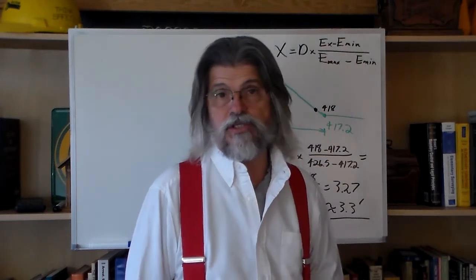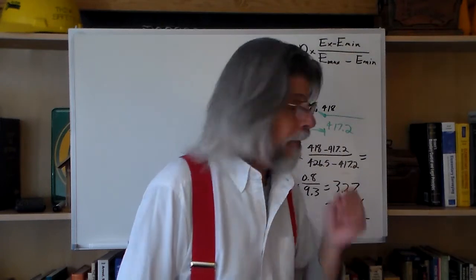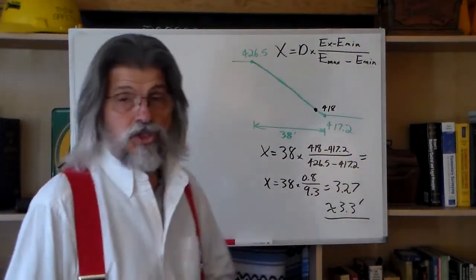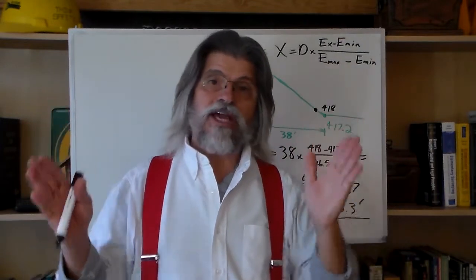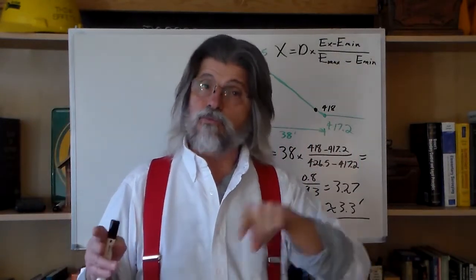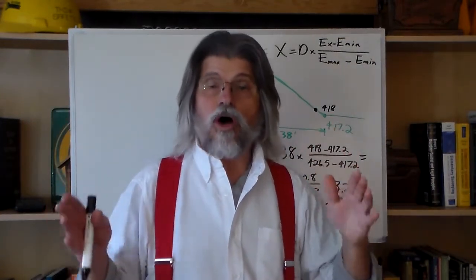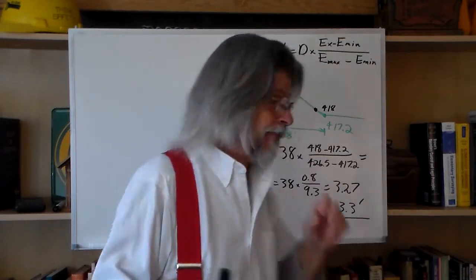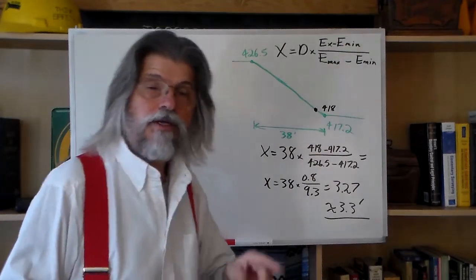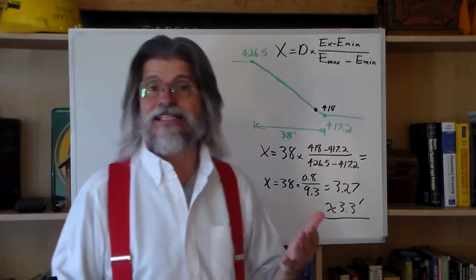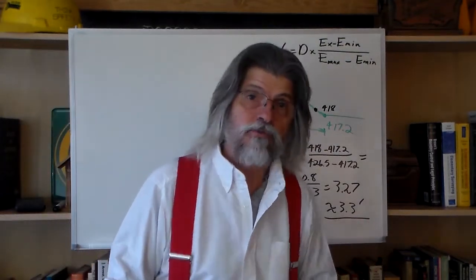If it were not a straight slope, you'd have more points in there. Assuming it's a straight slope, the horizontal distance between every 1 foot vertical interval will always be the same. If you go over a certain distance and go up 1 foot, you can keep going over that same distance to go up 1 foot.